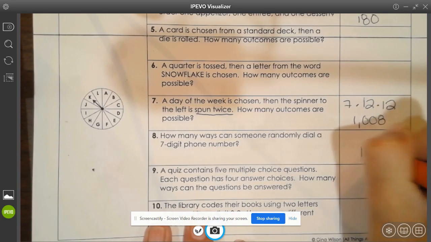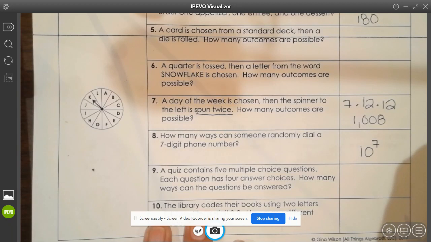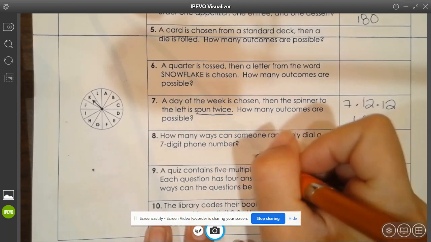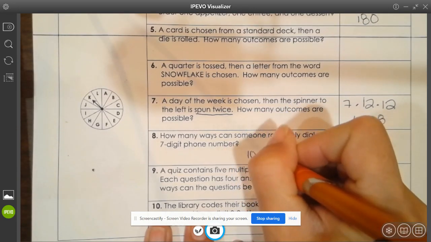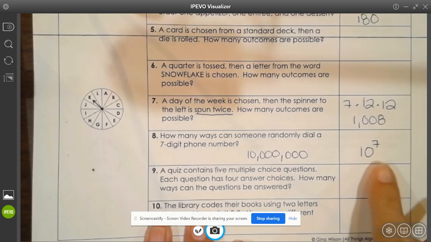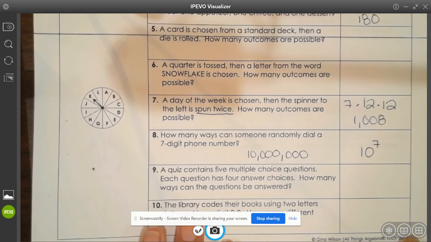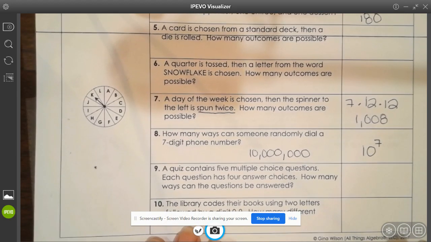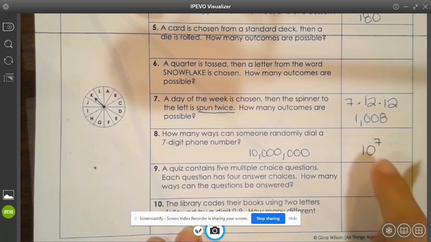So that's 10 to the 7th power, which is a million. Just count the zeros, 7 zeros. Nice, no? I really like that one. It's like multiplying 10 seven times, right?